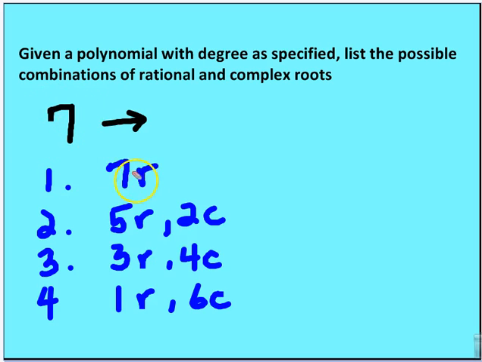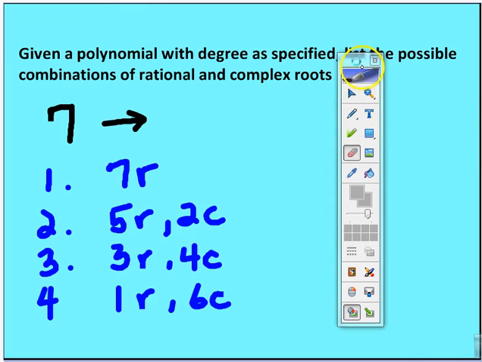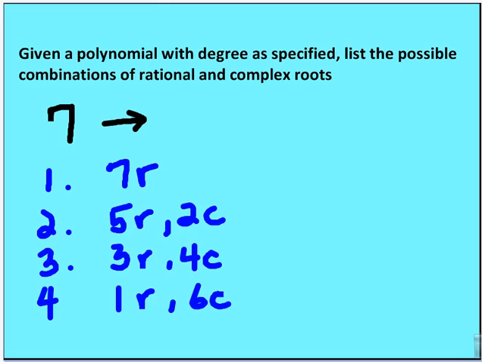I can have 7 real, 5 real and 2 complex, 3 real and 4 complex, or 1 real and 6 complex. I can also write this as 7 real, 0 complex.